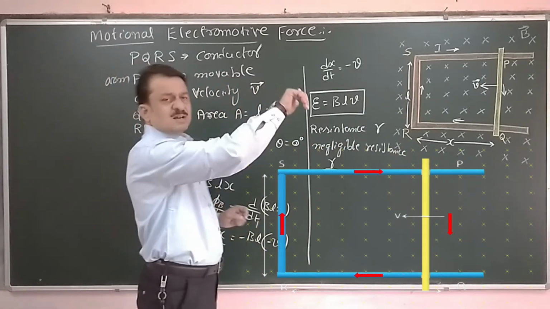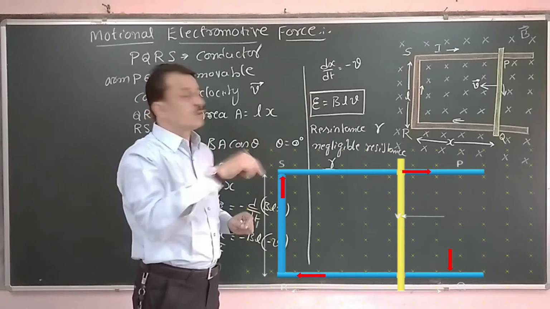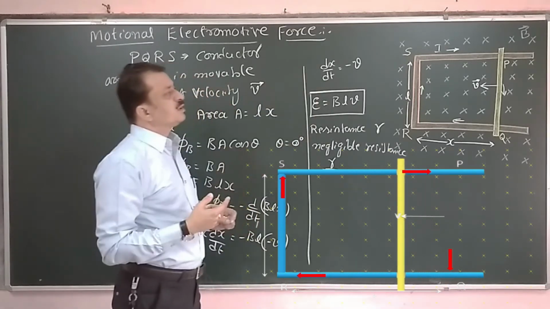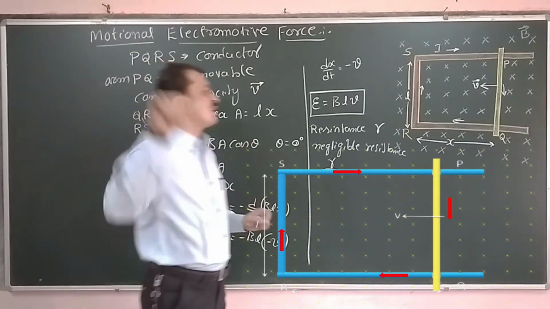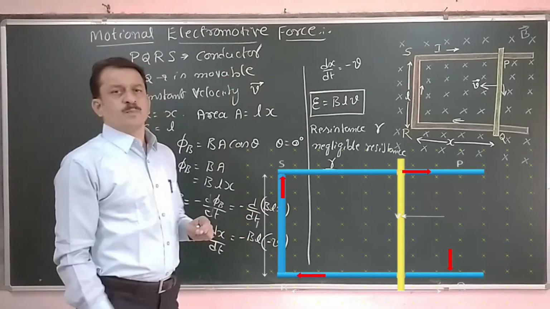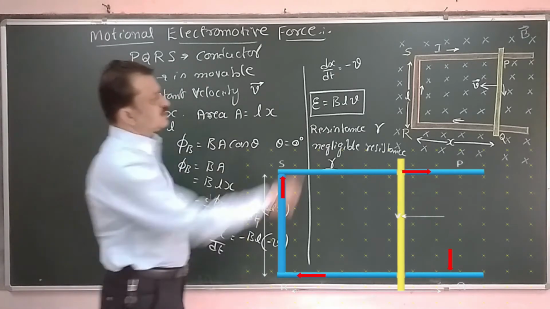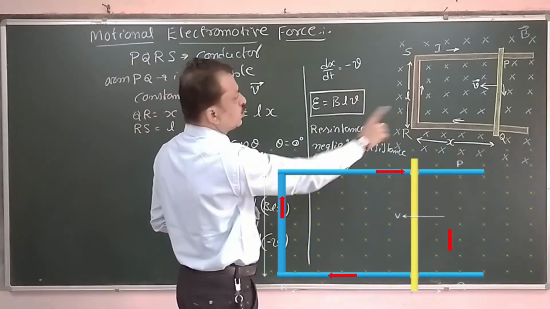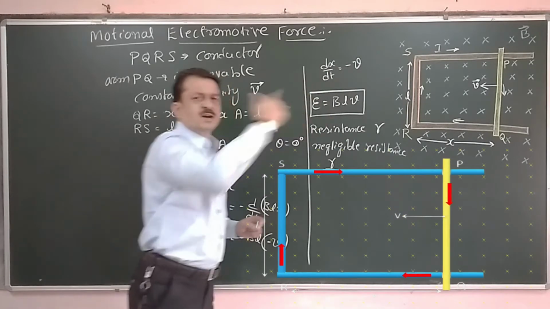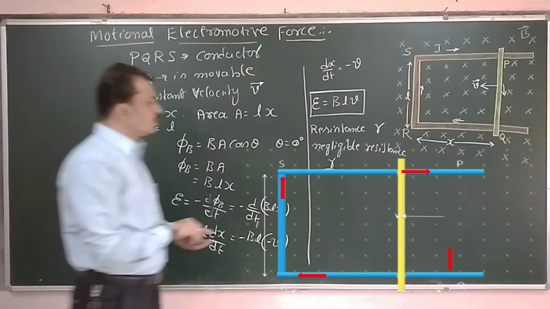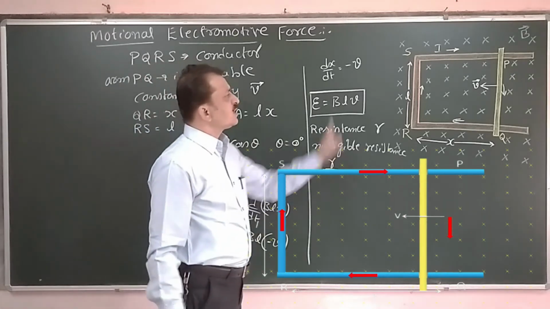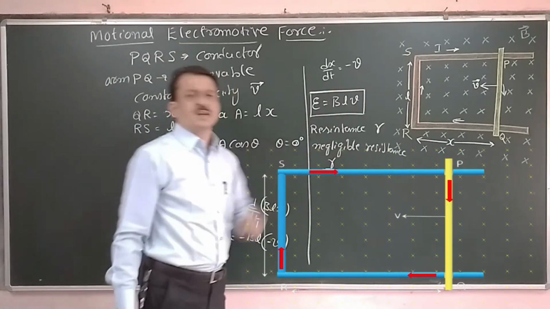If the current is clockwise, the field produced by the induced current is also into the plane of the board. Hence the current is along the P, Q, R, S, P direction, that is clockwise, as shown in the diagram.